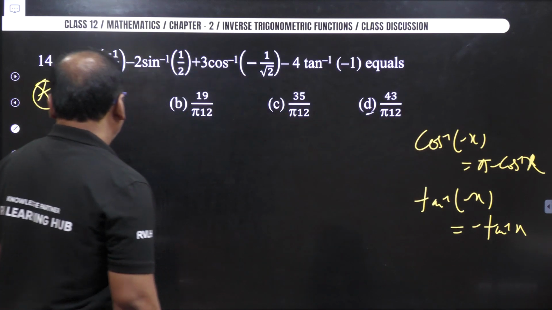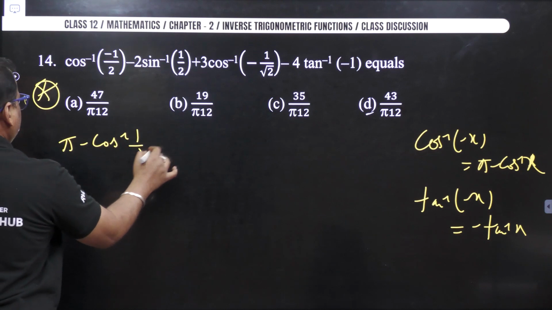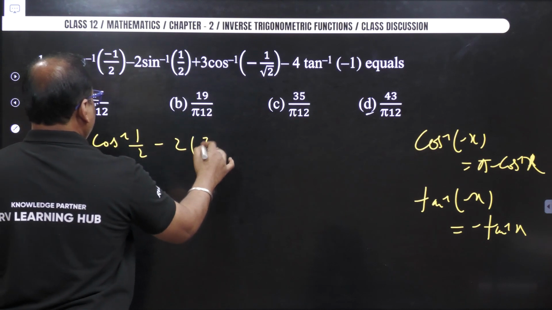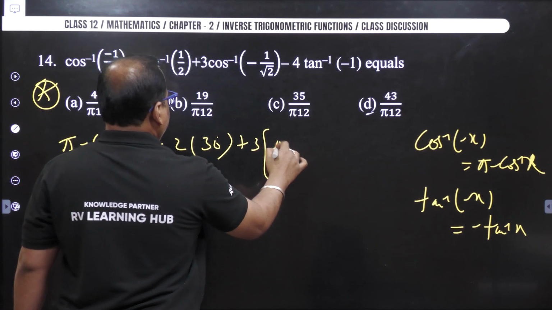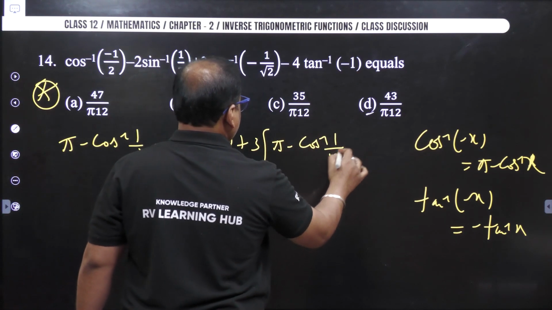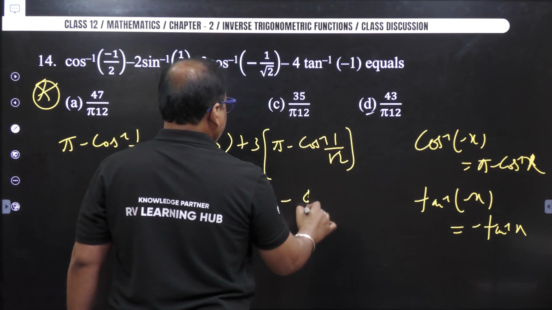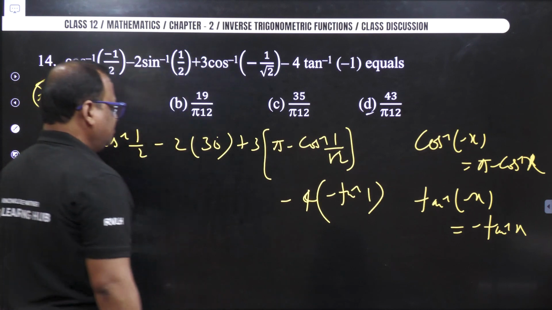Let us substitute this. Pi minus cos inverse of half, this will be 30 degree, plus 3 into pi minus cos inverse of 1 by root 2, minus 4 into minus tan inverse of 1. Correct?